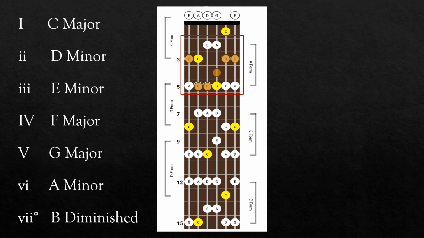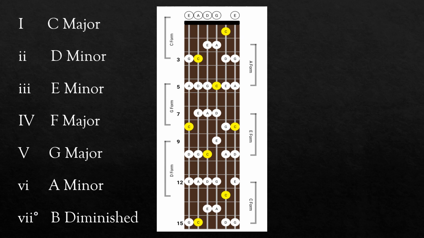The 6th note, A, is on the nut side of the G string, matching the G shape. Playing the minor G shape here will give us our minor 6th chord. The 7th chord, B diminished, is always located 2 frets above the 6th, or 1 fret below the root. B diminished can be played using this shape. We will explore diminished chords in a future video.